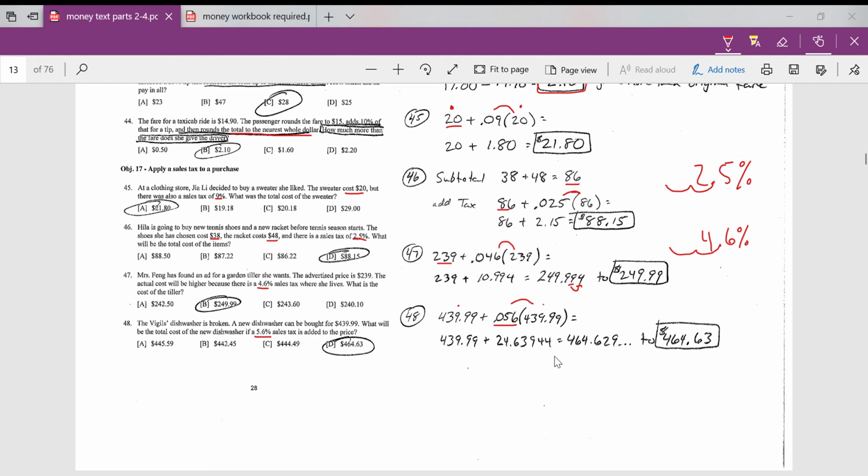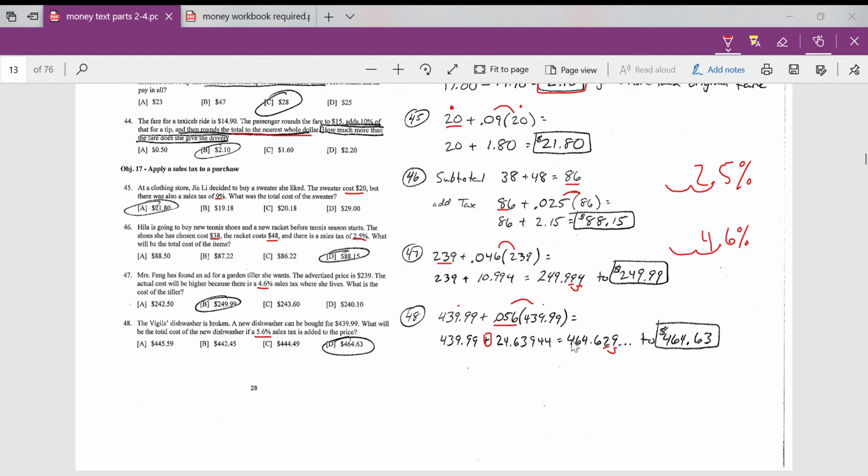And we get a longer decimal here. It's 24.63944. We add that together to the original price. We're going to get $464.629 something something something something. So I only need to write these because to round it, I round to here. I have to look at this number.